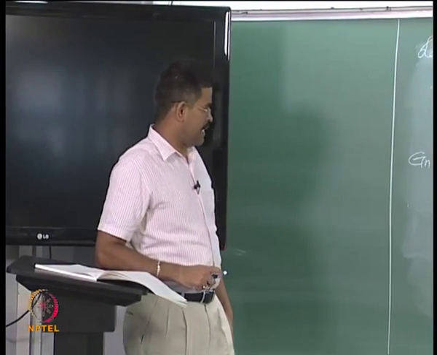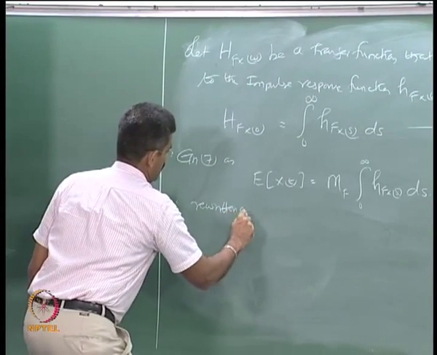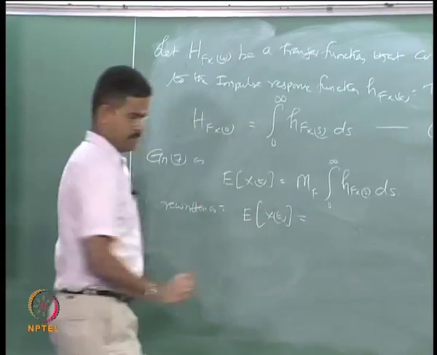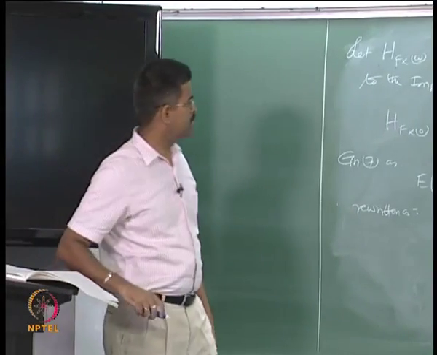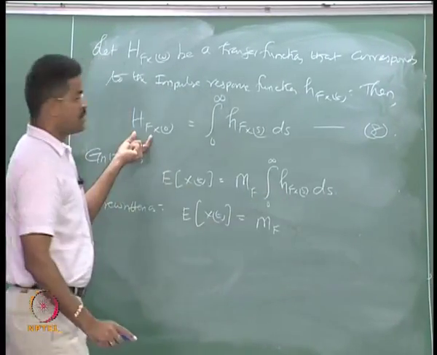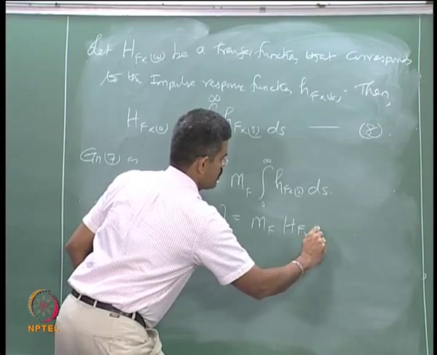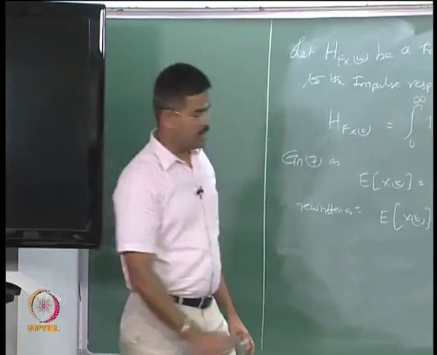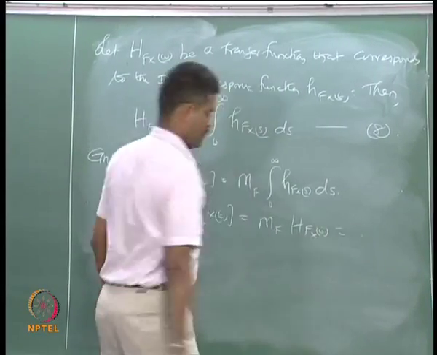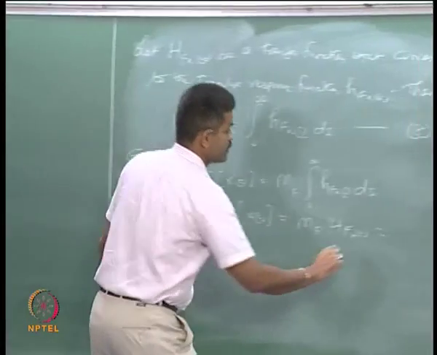I rewrite this as expected value of x of t as mf. Instead of this I am using this, so h fx of 0. I call this as mx.